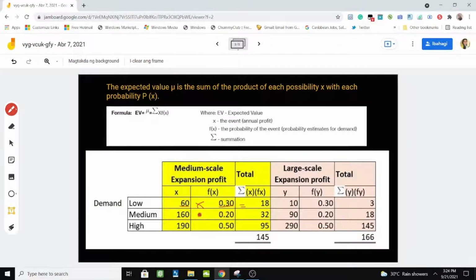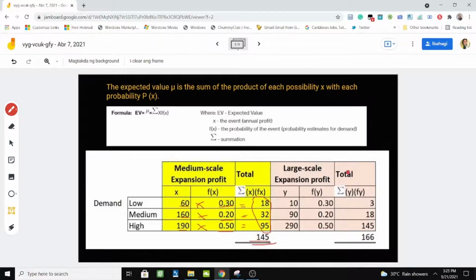And then 160 times 0.20 is equal to 32. And then 190 times 0.50 is equal to 95. Then we're going to add these 3 in order to get the total. So this will give us 145.